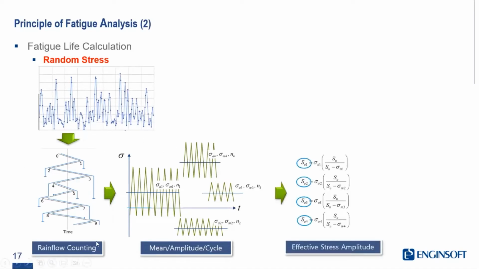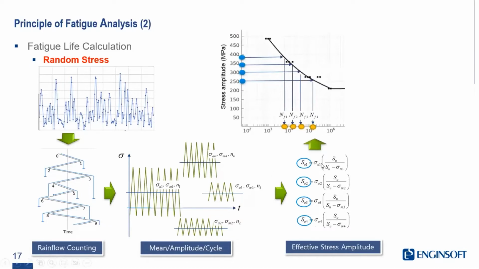For each of these rain flows, we're converting that into an idealized version of an input cycle, and we can solve for the damage on each of them independently. Then we plot each of these onto our SN curve, and we get some amount of damage from each of them.